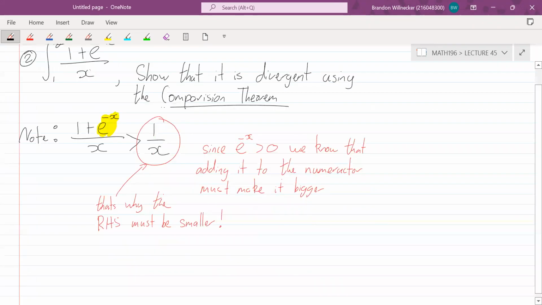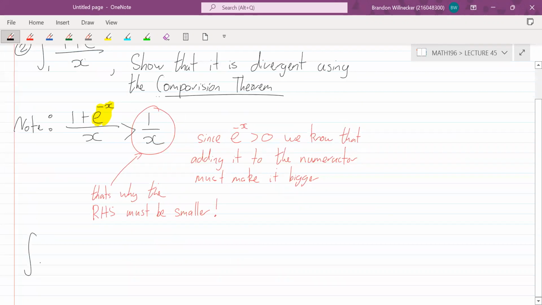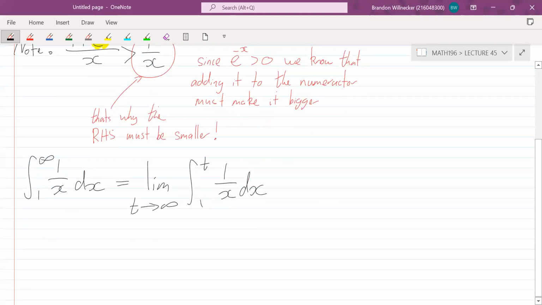So let's just show that. The integral from 1 to infinity of 1 over x dx becomes the limit as t goes to infinity of the integral from 1 to t of 1 over x dx.